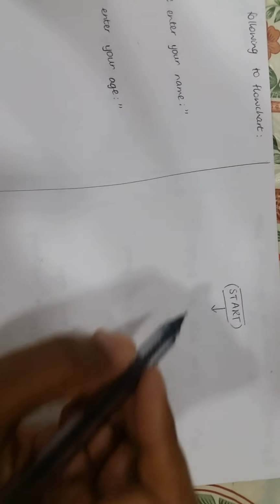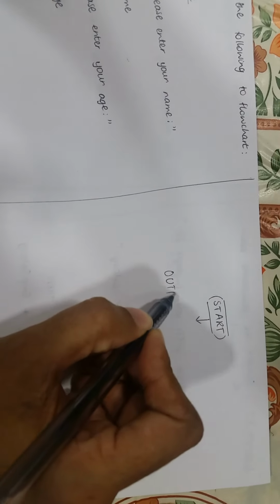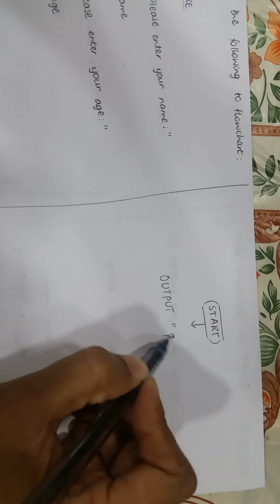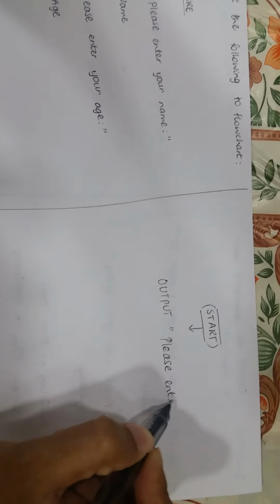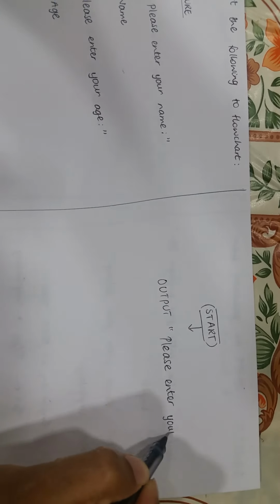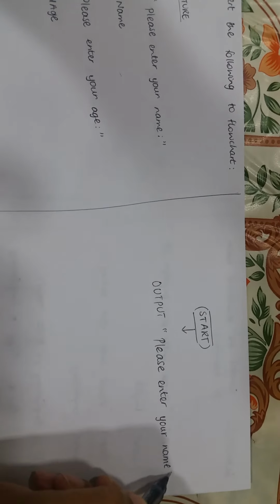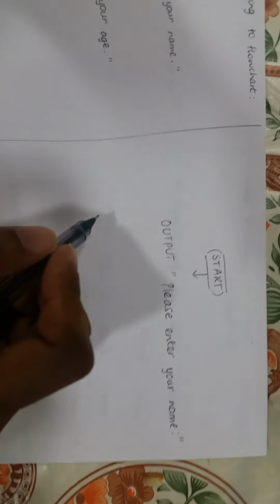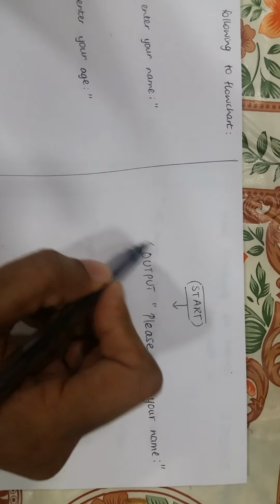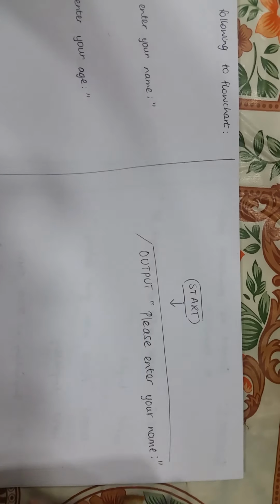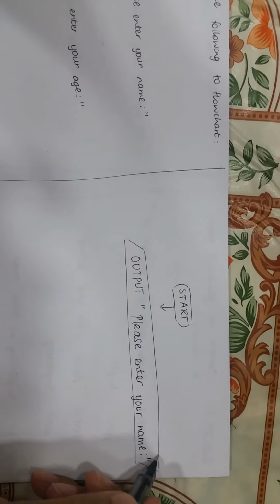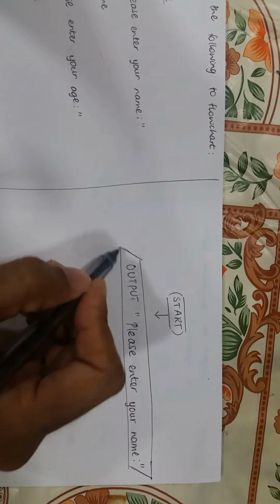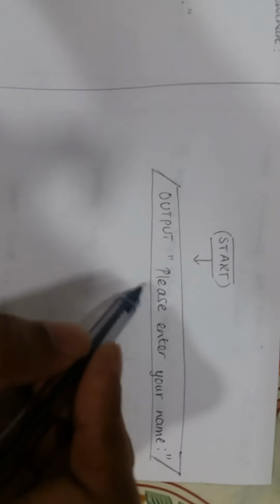So I am going to write please enter your name. So since it is an output instruction, vous mettez dans parallélogramme. And since it is a parallelogram, we have only one outgoing arrow.